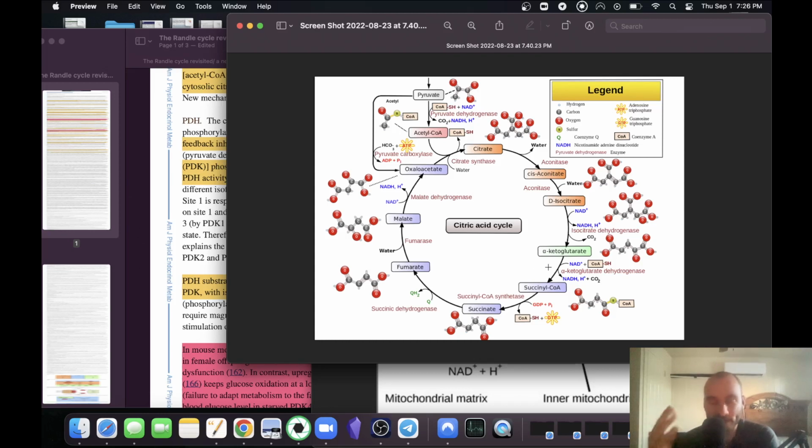I don't memorize them off the top of my head, but this is really important to understand, because when you have carbohydrates, you get a higher ratio of NADH to FADH2. So carbohydrates produce more NADH in ratio to FADH2 than fats do. Fats produce, comparatively to carbohydrate, more FADH2 in ratio to NADH.